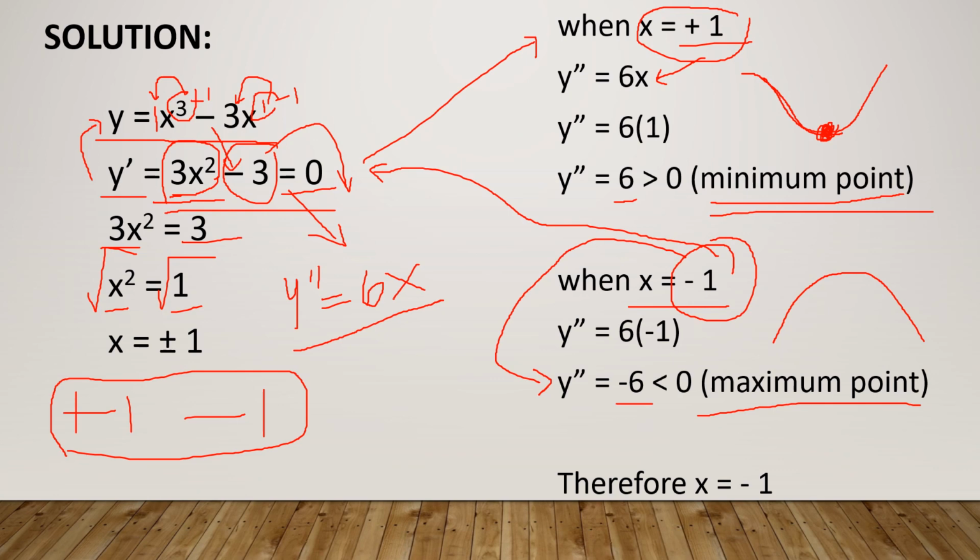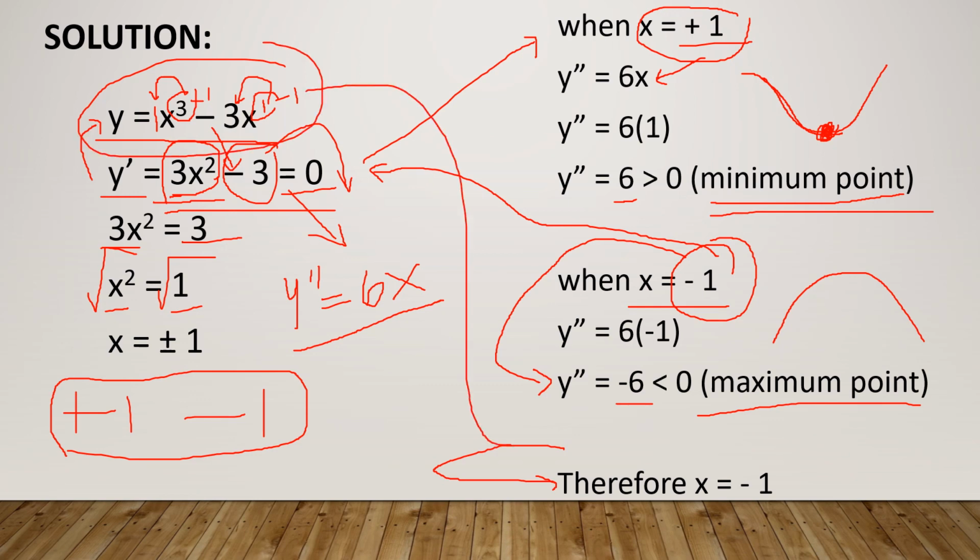So the value of x that will represent the maximum of the given function here, which is y is equal to 3x cubed minus 3x, is x equal to -1. Again, because if we substitute this -1 into your second derivative and your first derivative, it provides you a slope equal to 0 and a second derivative which is a negative value. Again, when the value of your second derivative is negative, your function is increasing.